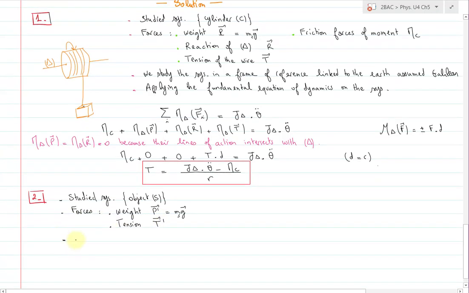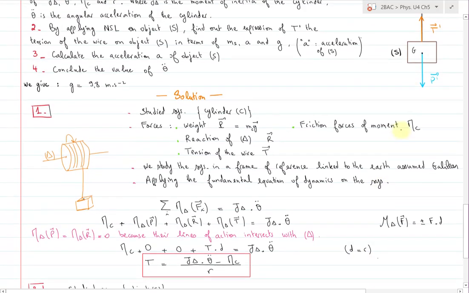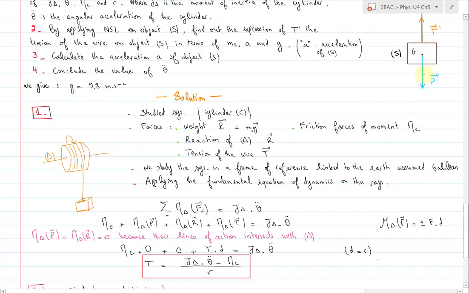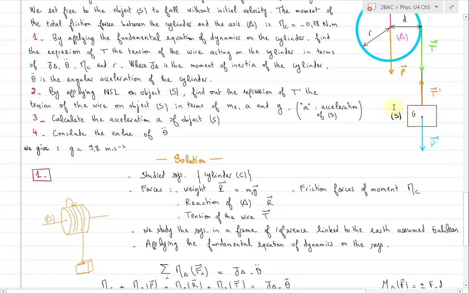Third step is we study. We study the system in a frame of reference assumed Galilean using the axis OI. Here we need only one axis because the motion is rectilinear. We choose one axis in this manner.